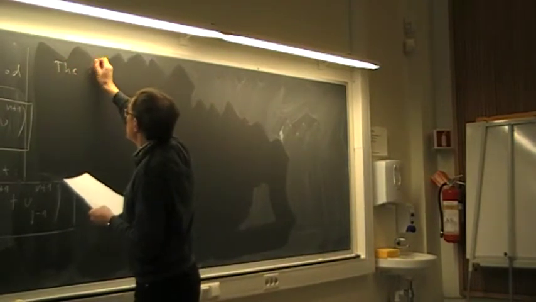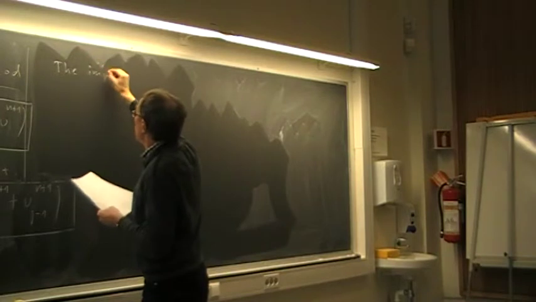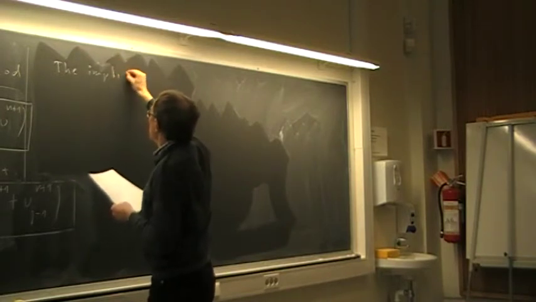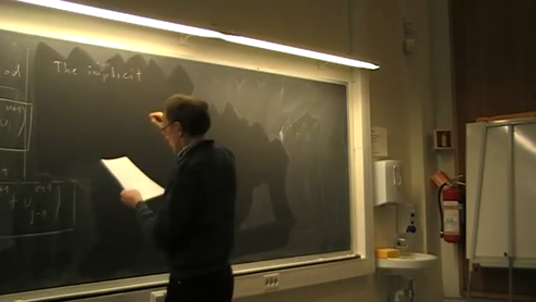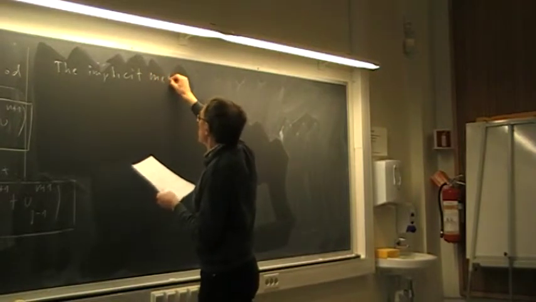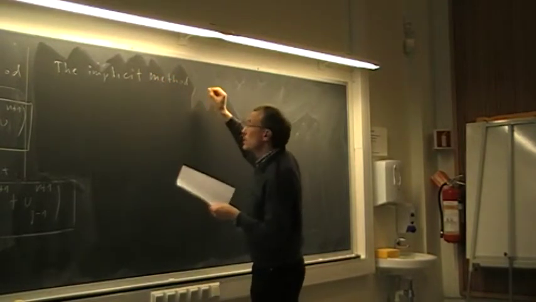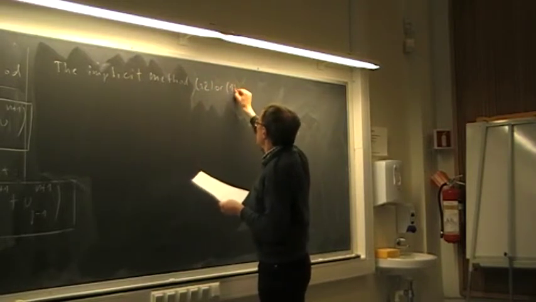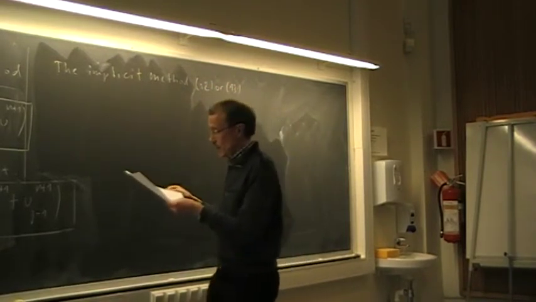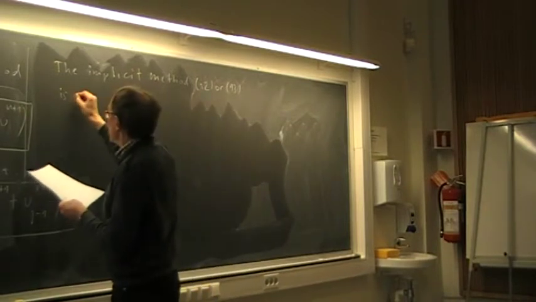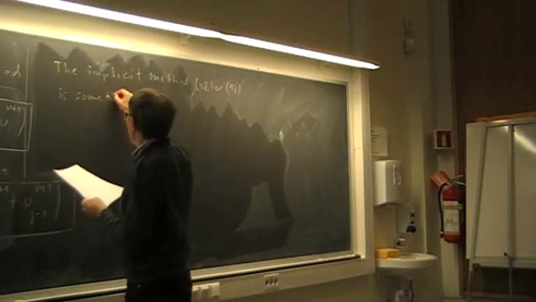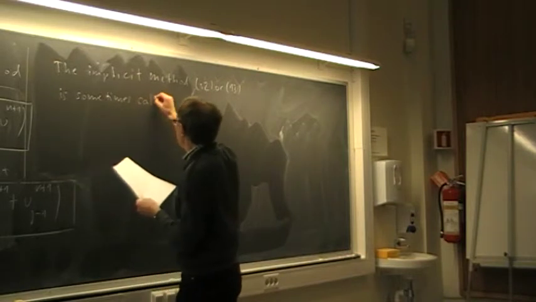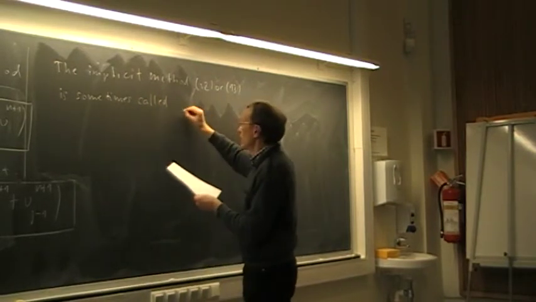So the implicit method that we have here, equations 12 and 13 combined component-wise, is sometimes called the Laasonen method.